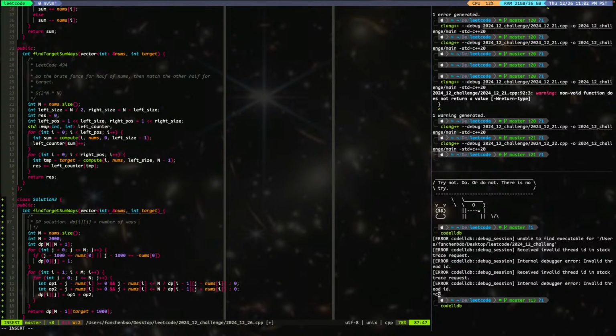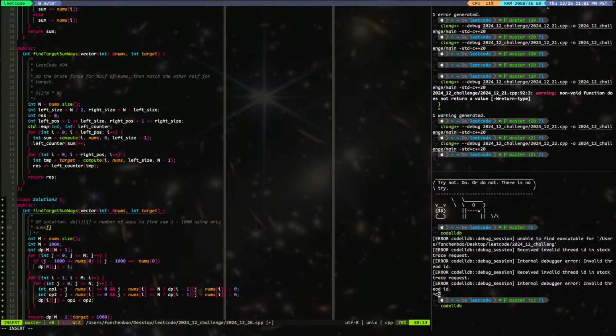Number of ways to find some j minus 1000, right? To find the sum using only nums 0 to i plus 1.